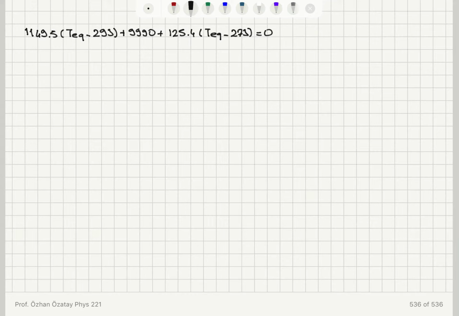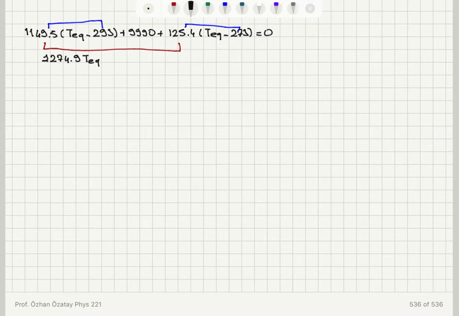So looking at the temperature terms here, I have this one and this one, so I have to add them up. So I will get 1274.9 T equilibrium. Then I look at the products here and add up with 9,990.